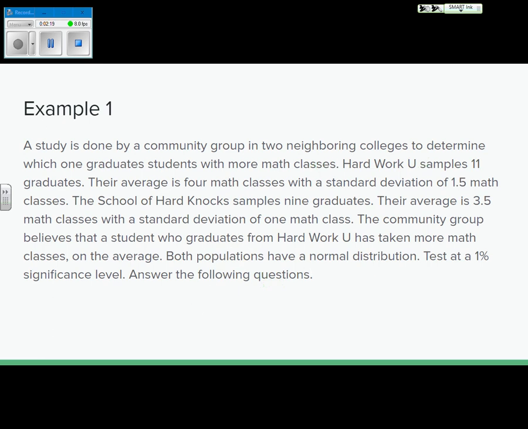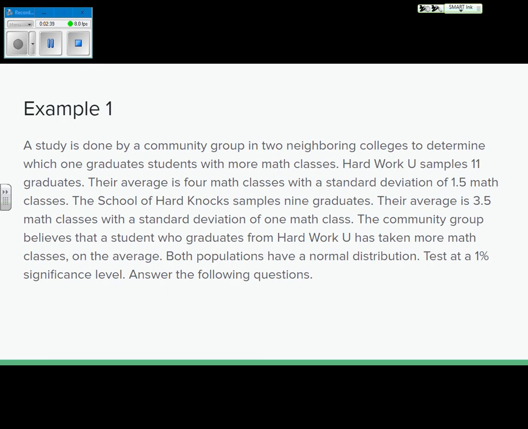I'll show you one example, you work the other, and we should be good. If you have other questions on it, we can definitely tackle it. This one says a study is done by a community group in two neighboring colleges to determine which one graduates with more math classes.